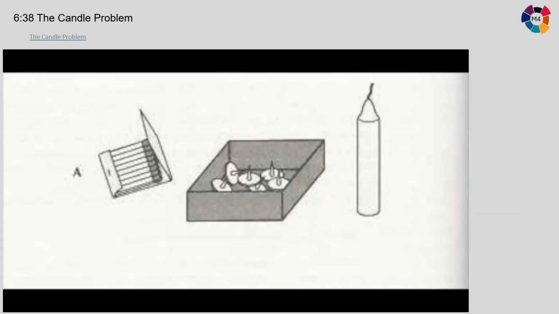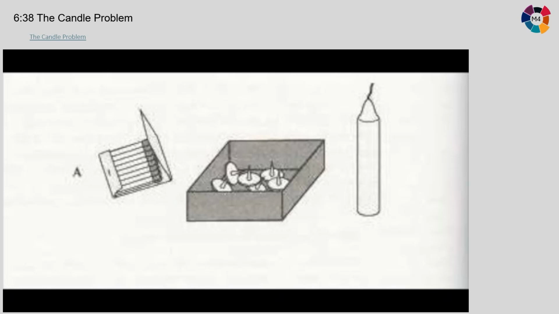The candle problem is a situation where different age groups react differently to solving a problem. There's a box of tacks, a candle, and a book of matches. And the people are asked to attach the candle to the wall. Older people or adults usually tend to try things like melting some of the candle or putting a tack through the candle.